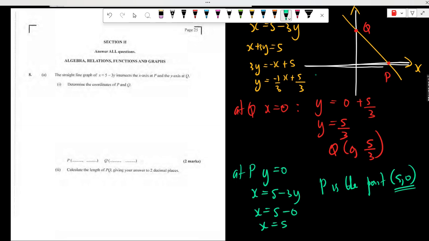Whenever a line or a curve intersects the x-axis, at that point, y equals 0. Wherever it intersects the y-axis, at that point, x equals 0. You have to remember those things, right? So the coordinates of P would be (5, 0), and that of Q would, of course, be (0, 5 over 3), right?